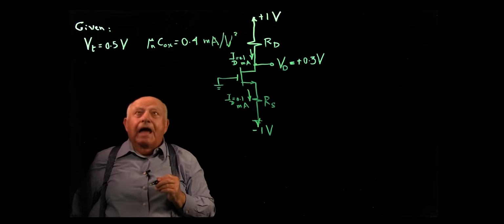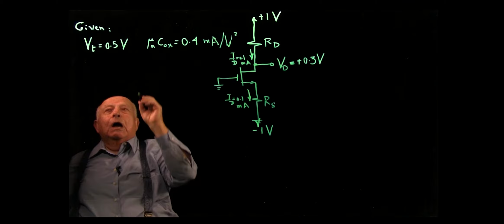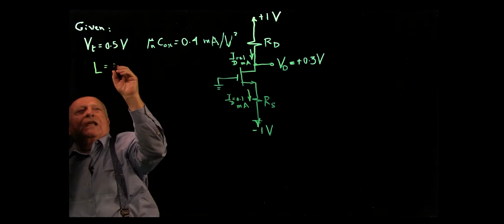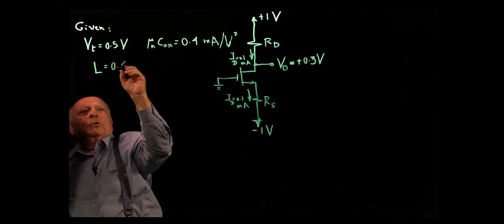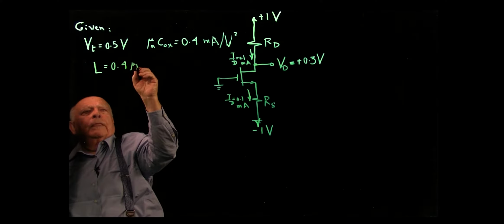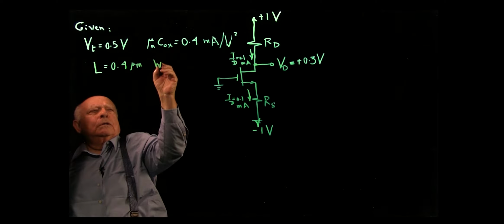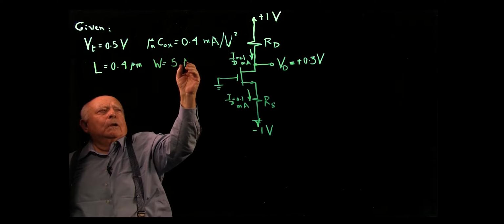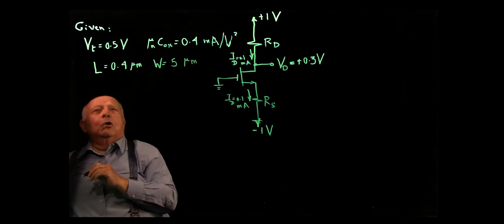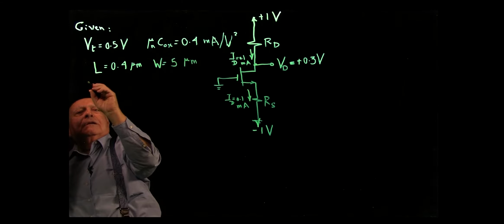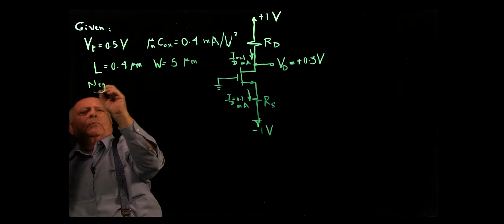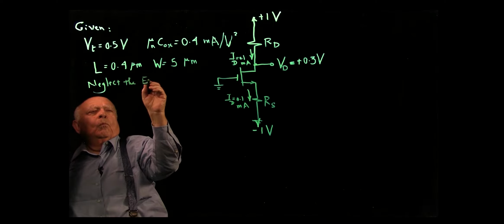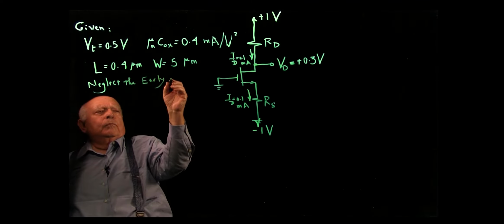Okay, and we are given one more thing: the dimensions of the transistor, channel length L of 0.4 micrometer, and W, the channel width, is 5 micrometer. We are also instructed to neglect the Early effect.